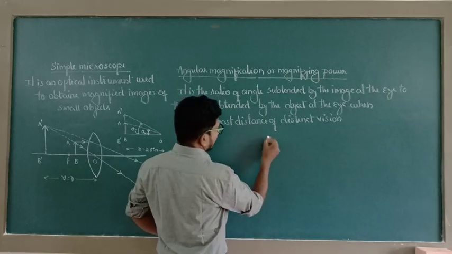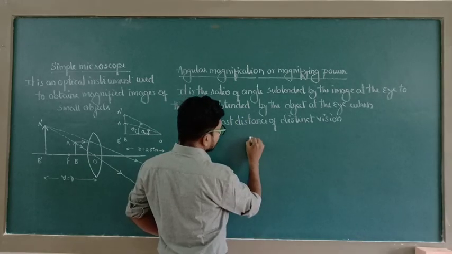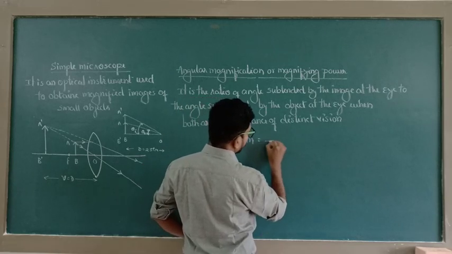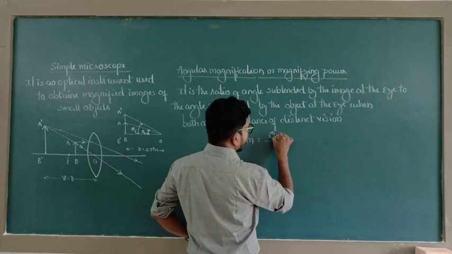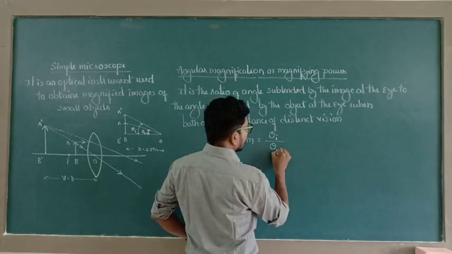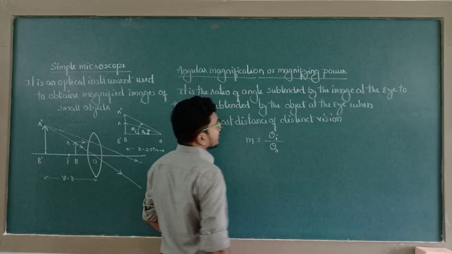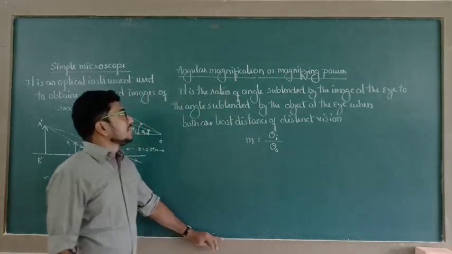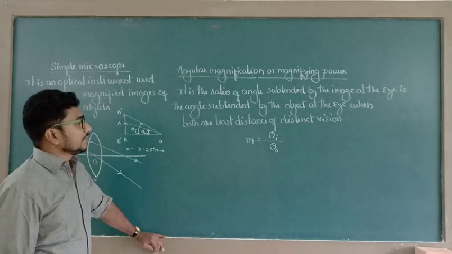Or we can write mathematically, it is also represented by m. This is equal to theta subscript I, the angle made by the image, over theta subscript O, the angle made by the object. So this is nothing but angular magnification.